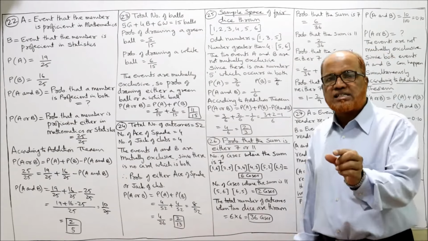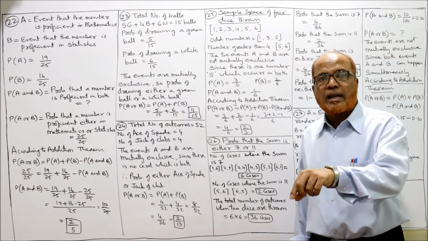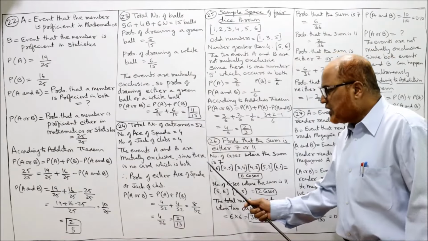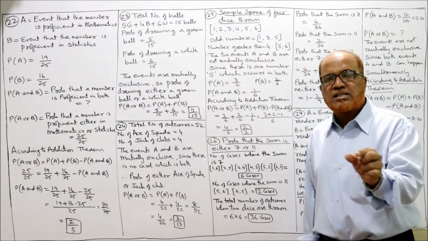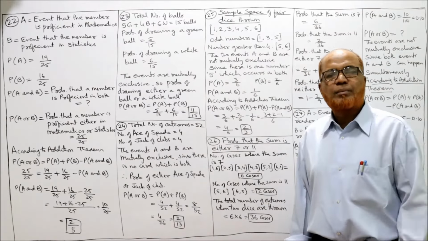Last case, first dice 6, second dice 1, again it will be 7. So these are the possible cases where the sum of both the dices will be equal to 7.